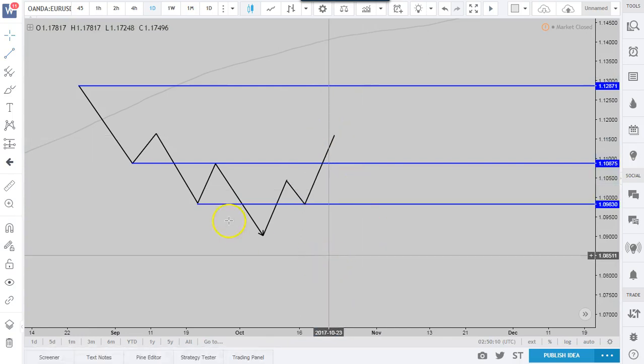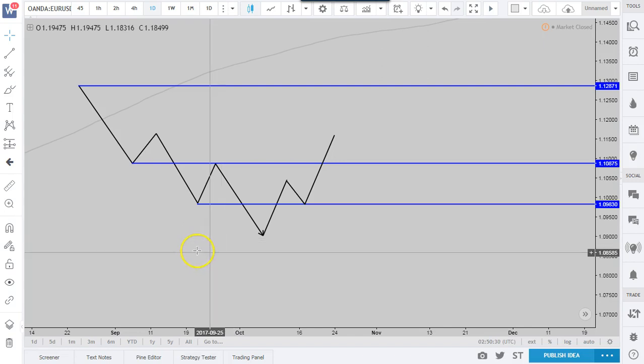This is how the market moves, and this is what we call the head and shoulder. Head and shoulder normally happens when the market is at its peak. If the market is at a peak high or a peak low, we normally see head and shoulder most of the time.